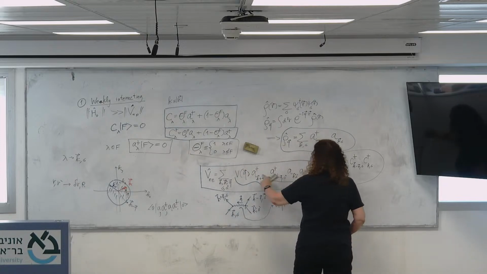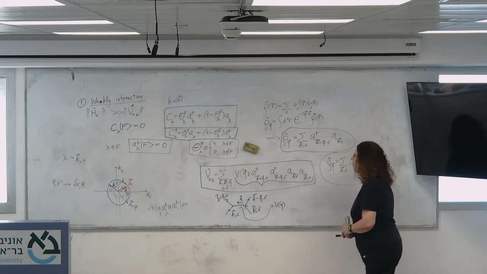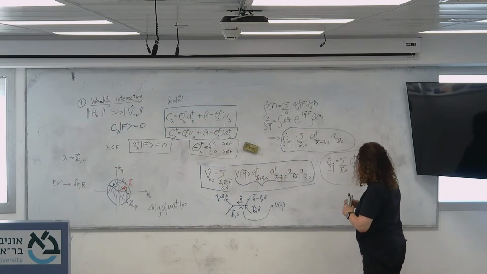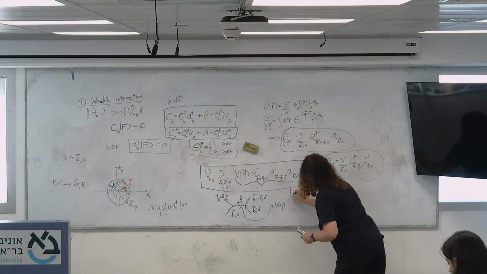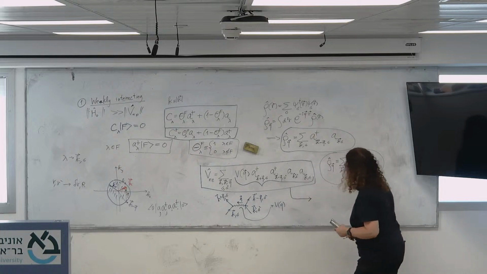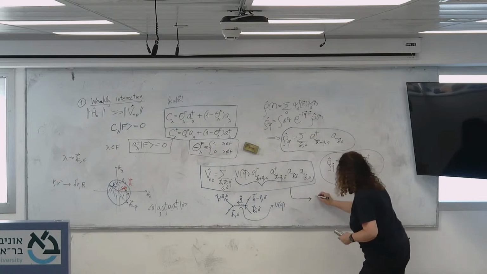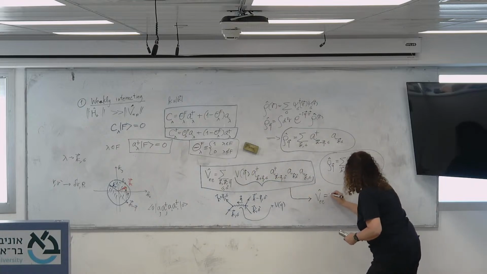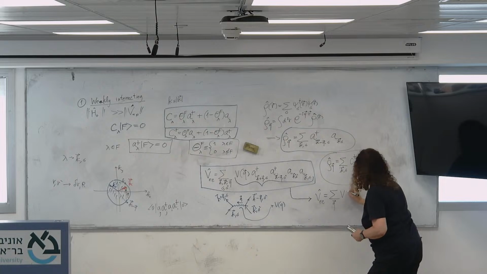Instead of writing the interaction like this with the A's and A daggers, what I can do, and with some algebra you can convince yourself, is that this expression is equivalent to the following expression.